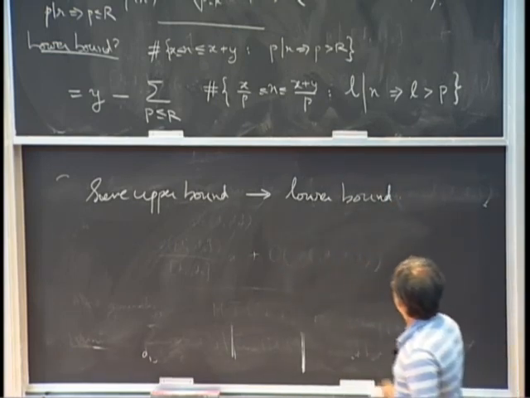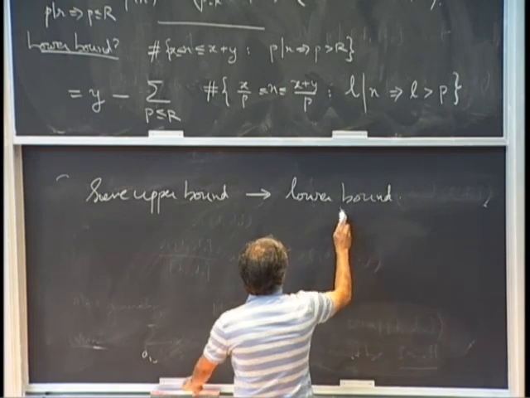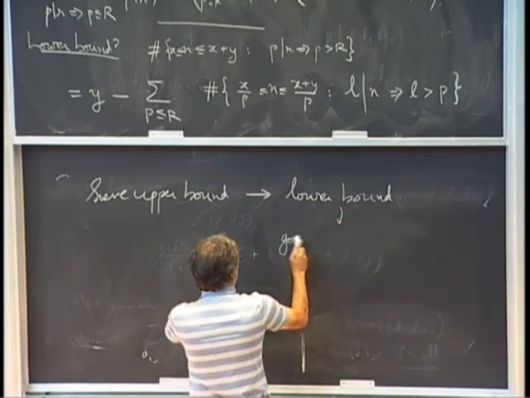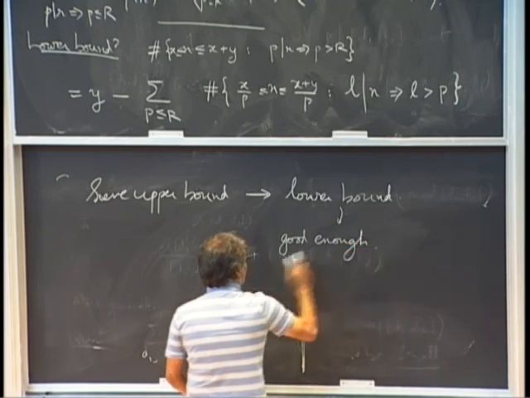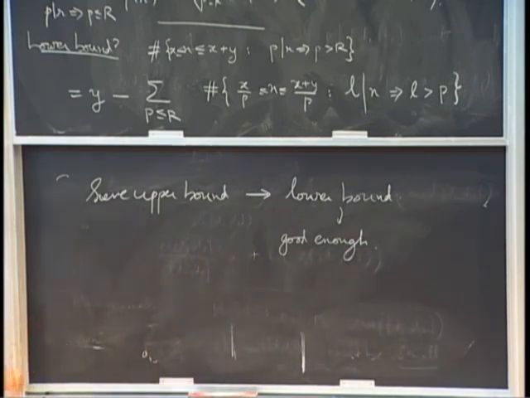And then this lower bound is good enough to give an asymptotic formula with an error of this 50 to the minus 50. So in other words, I'll be able to get a lower bound of 1 minus some constant times 50 to the minus 50. That's the answer.